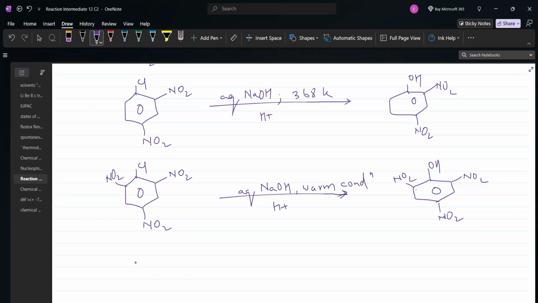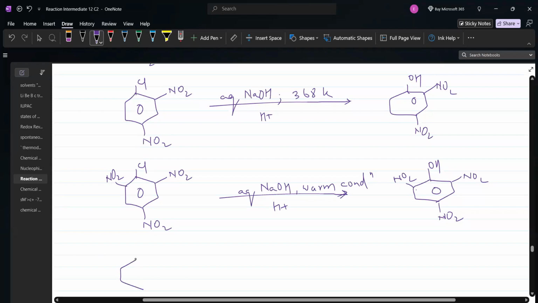What is happening actually? Let me draw it for you. This is the chlorine, and we have this benzene here, and OH minus from NaOH is attacking at this point.